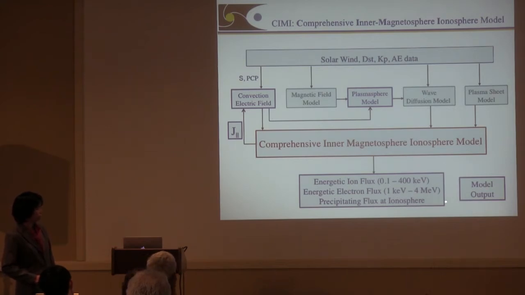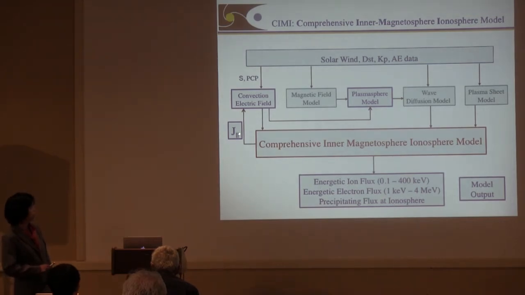All the purple boxes are model output, so you can see SIMI has a lot of output: ion flux in the magnetosphere, precipitating flux in the ionosphere, field line current, the Subauroral electric field, and also the plasmasphere density.